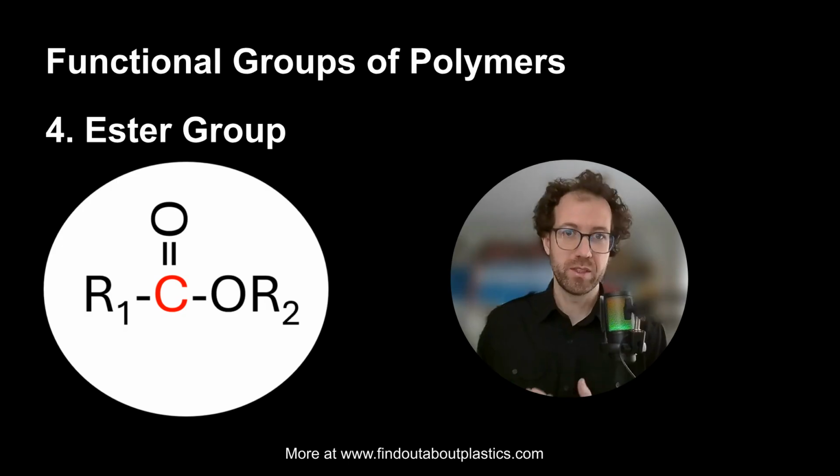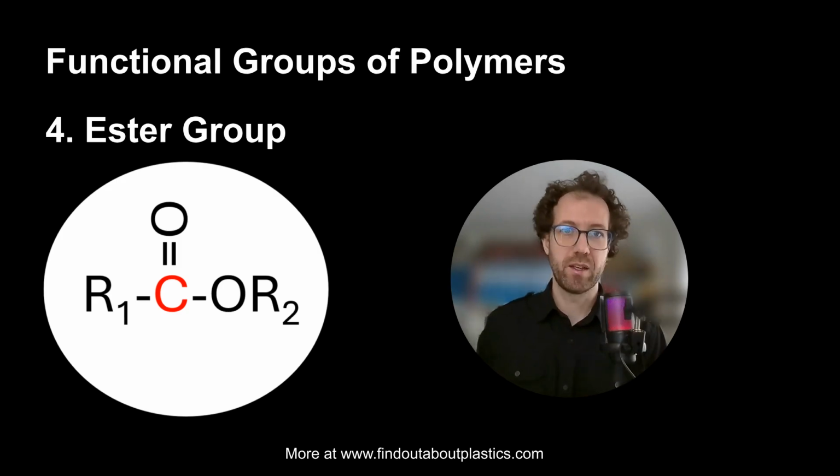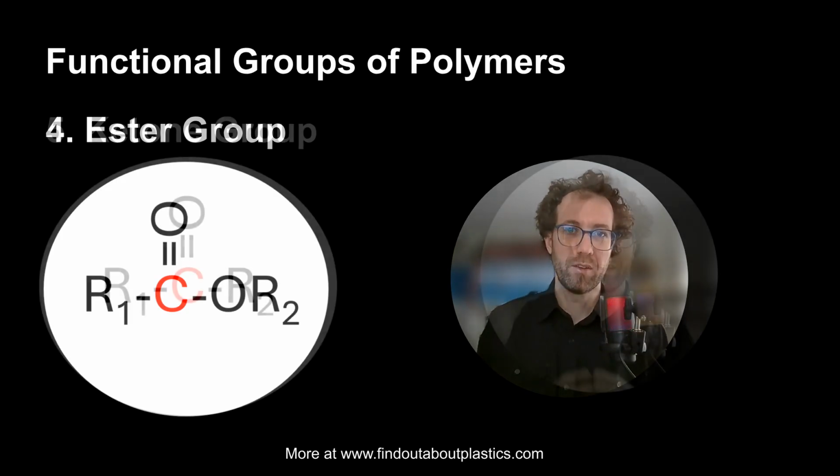And what does this bring now? The backbone polarity provides good mechanical strength. The downside is hydrolysis. We also have good melt processability. And as an example, esters are polyesters like PET, polyethylene terephthalate.